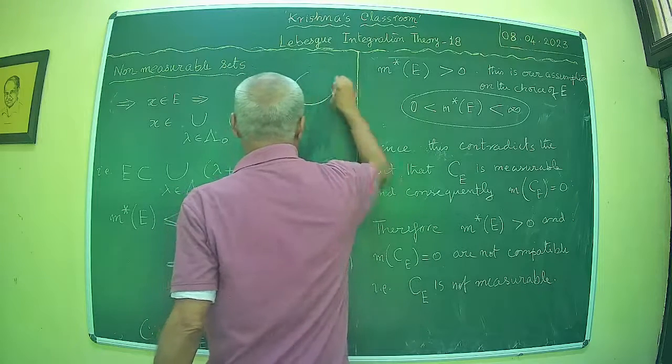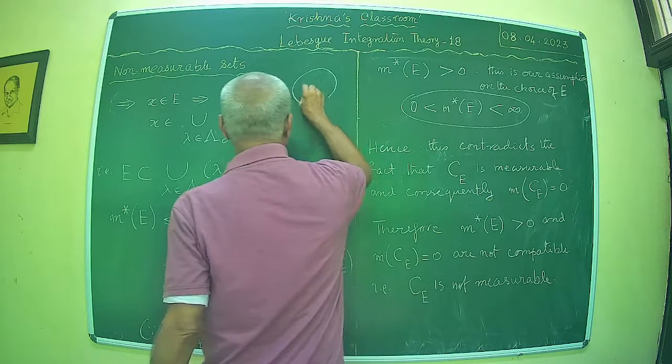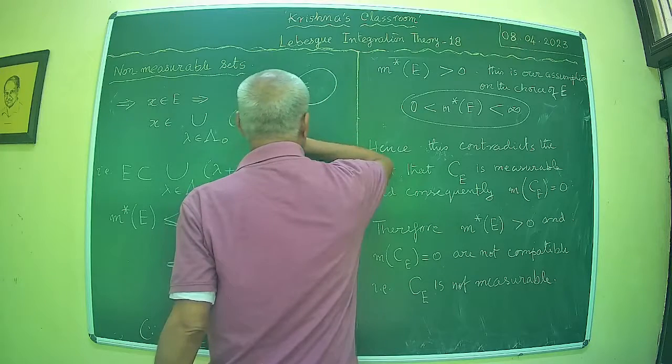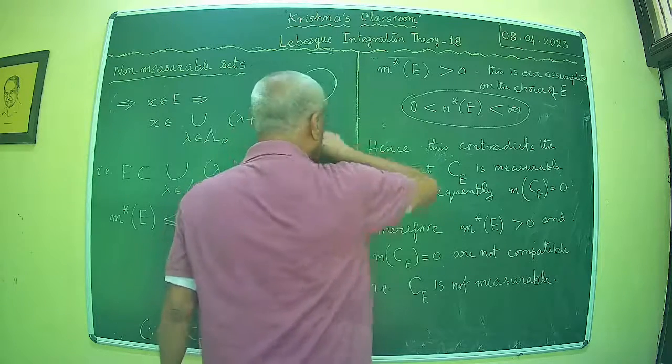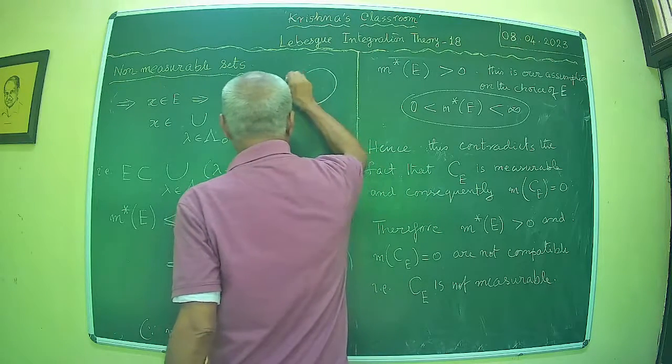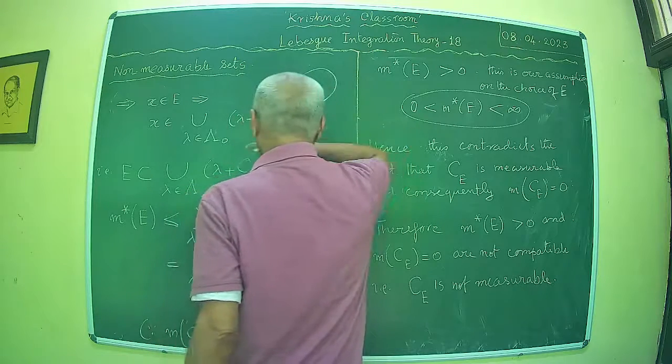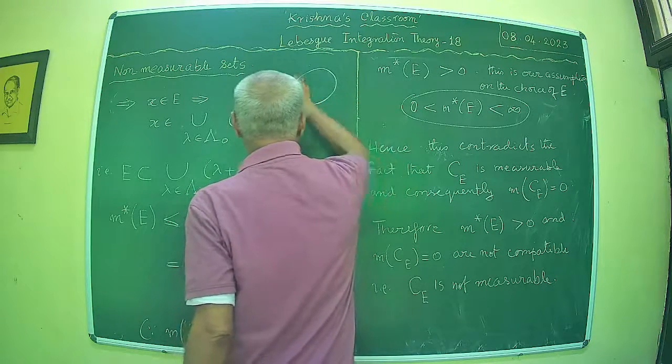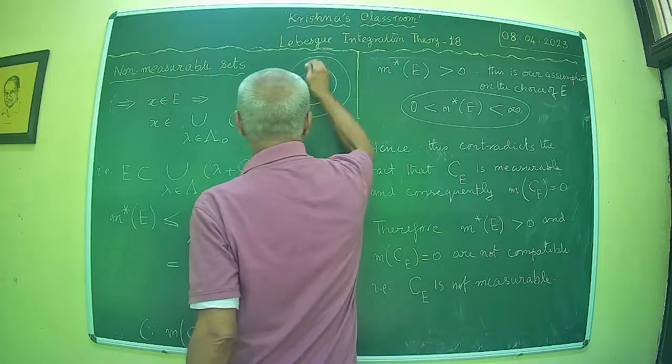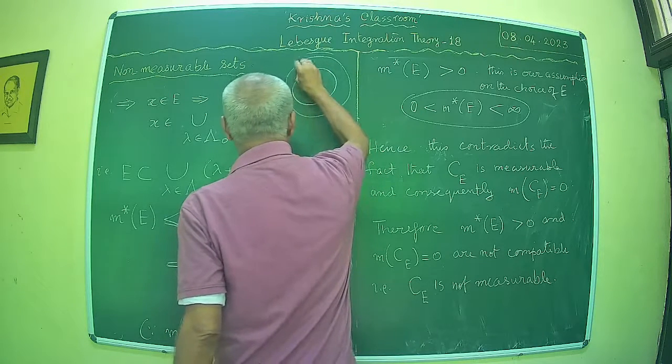See, E is bounded. E is lying inside, A is a subset of the interval.